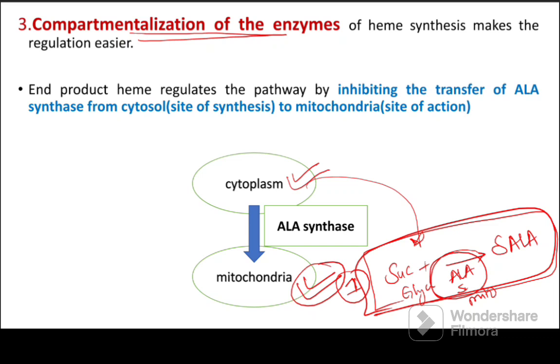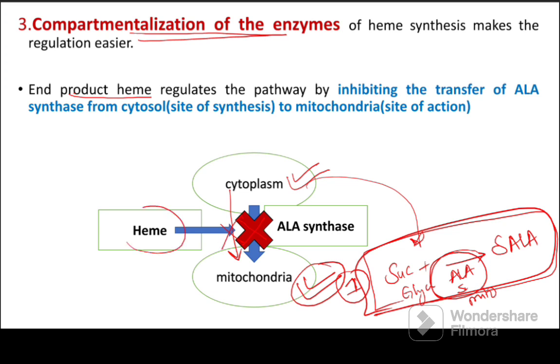Now, if there is excess of heme in the body, the end product heme regulates the pathway by inhibiting the transfer of the enzyme from the cytoplasm to the mitochondria. So heme will stop the transfer of the enzyme synthase from the cytoplasm to the mitochondria so that this step does not occur. That is why synthase is a key regulatory enzyme.